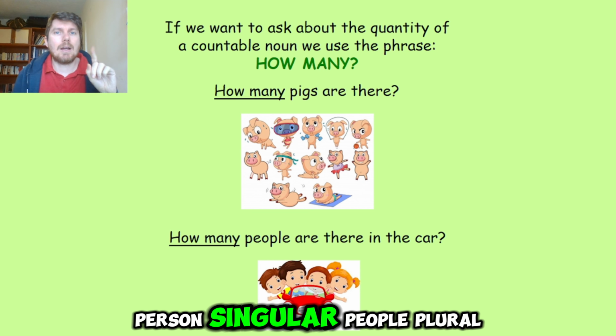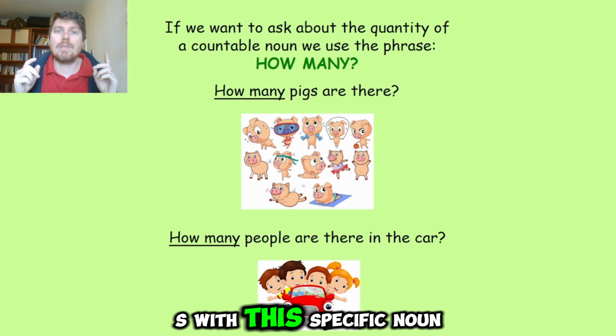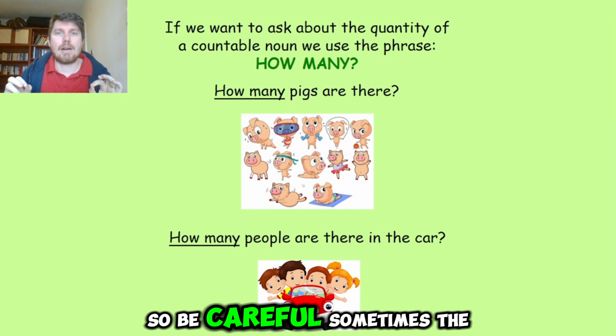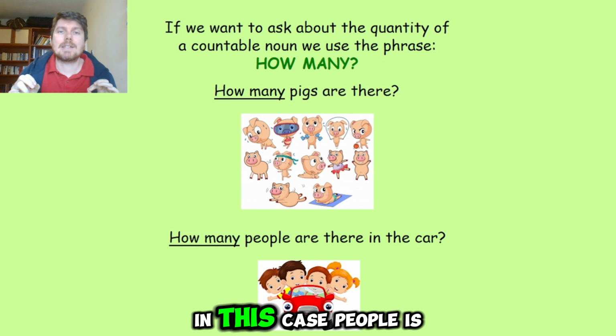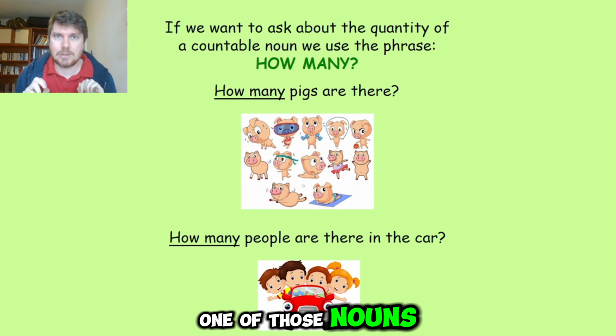Person, singular, people, plural. We do not need the S with this specific noun. Okay? So be careful. Sometimes the noun does not take the S. In this case, people is one of those nouns. Perfect.